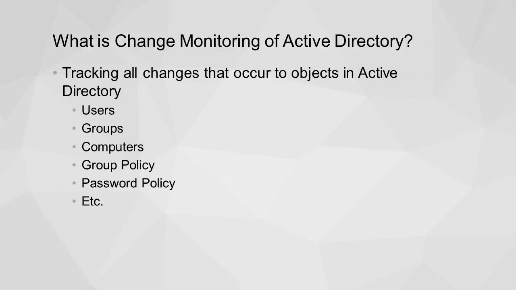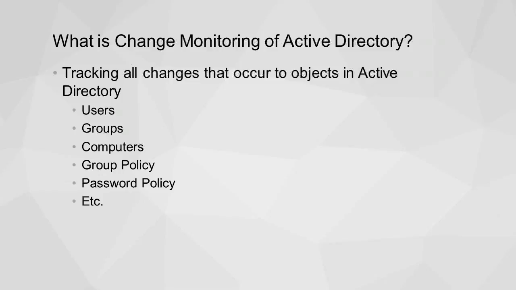Let's just take group policy alone. Now that Microsoft has added in group policy preferences, we're dealing with a multitude of client-side extensions. And each of these client-side extensions has hundreds, if not thousands, of settings. In a single GPO, we have over 5,000 potential settings that we can make.